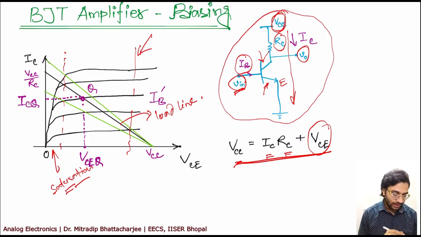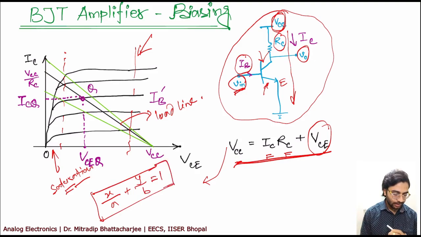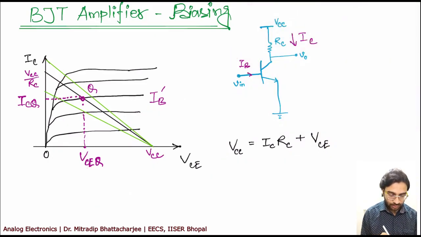Now if you see the load line, and do a simple bit of math, this straight line can be written in this format, where a is the x-intercept and b is the y-intercept. If I divide the whole equation by VCC, this part will be divided by VCC, this part will be divided by VCC, and this one will become 1.